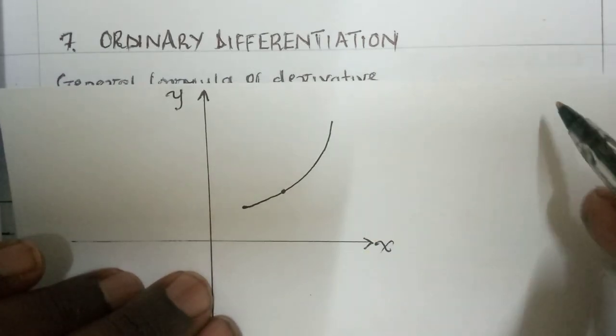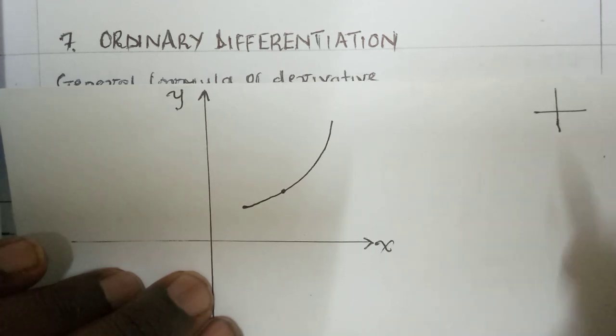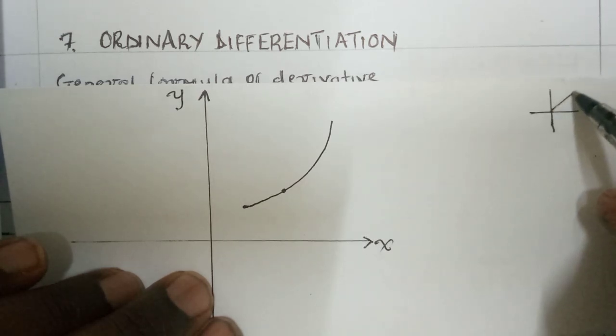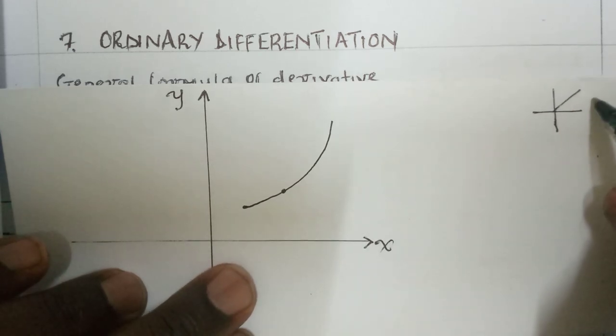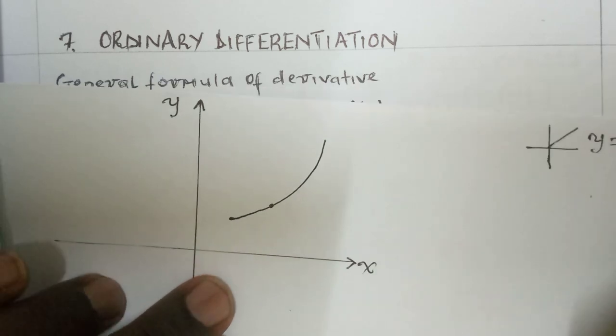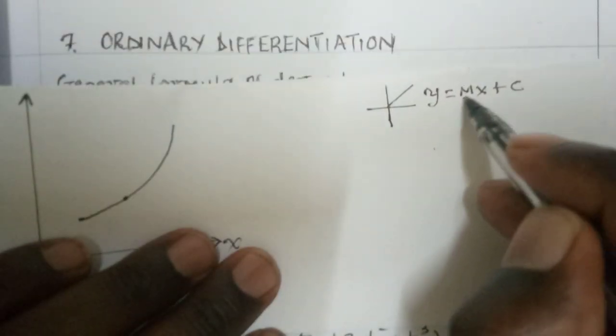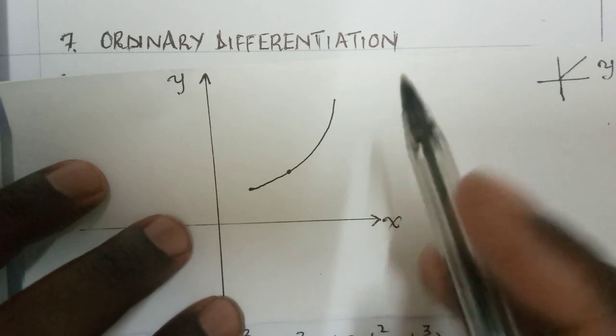All of us know that if you have a straight line graph like that, we have a constant derivative given by y equals mx plus c, where m is the gradient. But now we have a curve. So how do we come about finding the derivative of that curve?